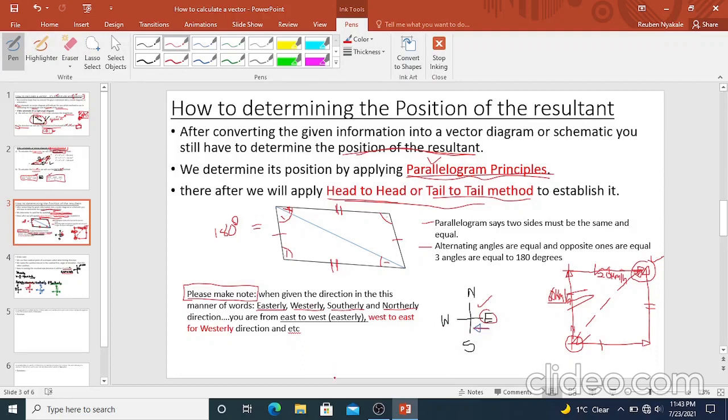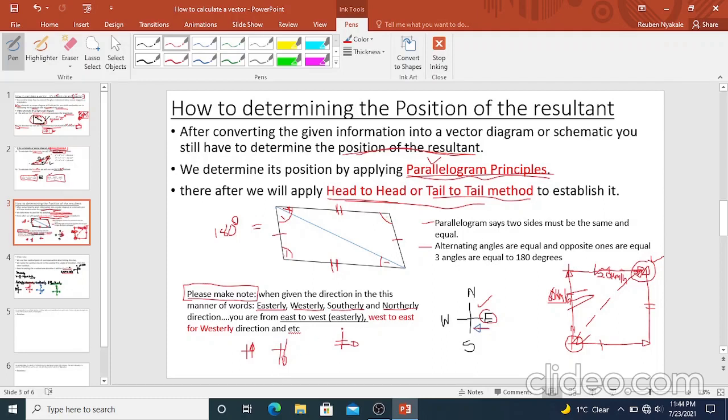Westerly direction means it will be from west to east. Southerly direction will be from south to north. Northerly direction will be from north to south. That's how you will depict it.